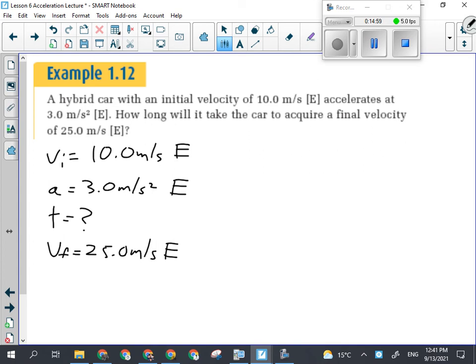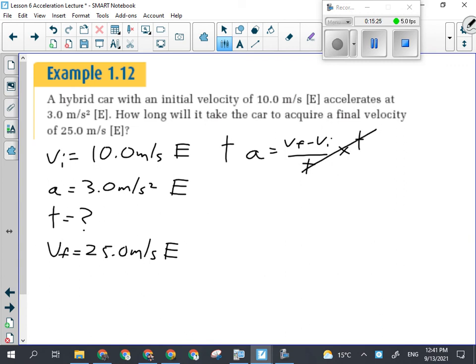So I have VI, VF, A, and I'm looking for T. That means I'm going to use this formula, because it's the only one that has those four things in it. But now I'm looking for time. If I'm going to get time by itself, what do I have to do? Multiply. Yeah, we have to multiply both sides by time.